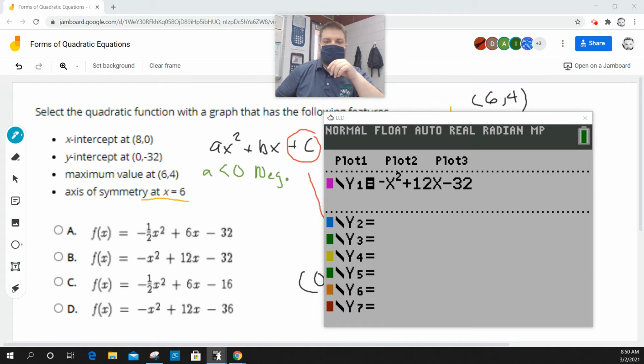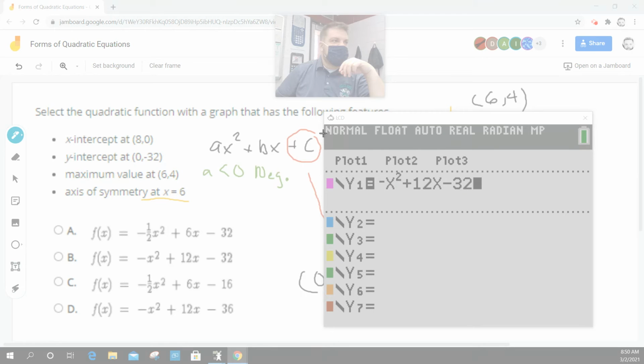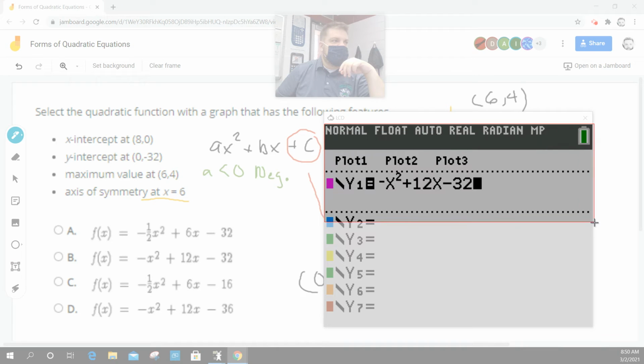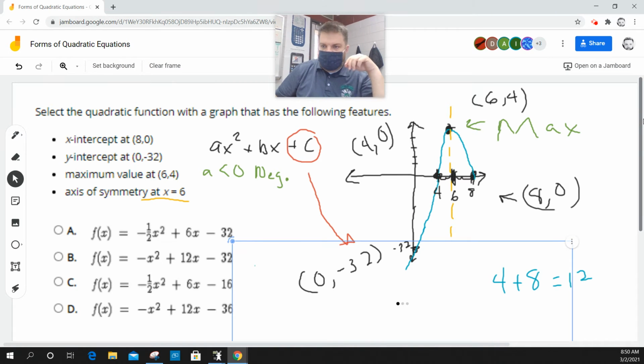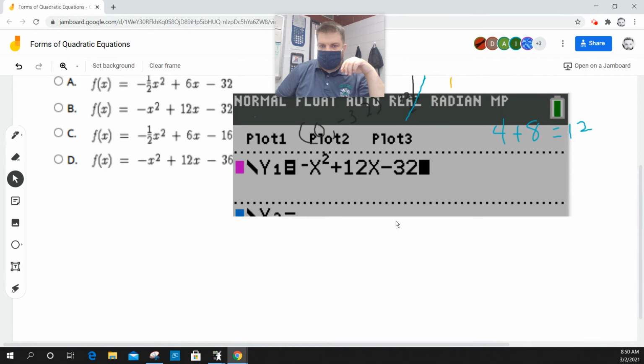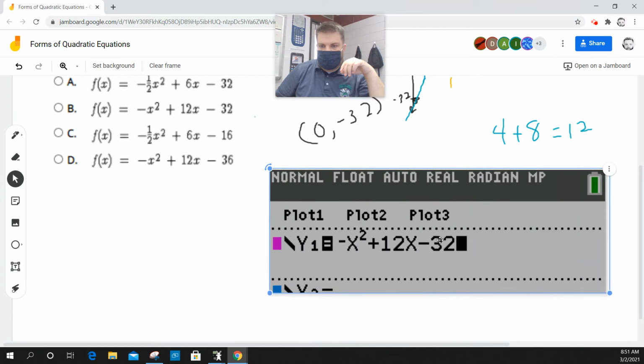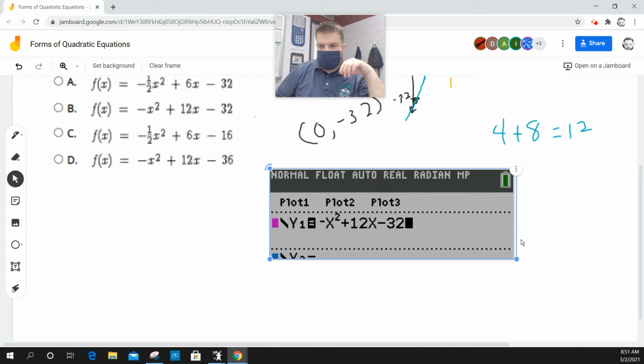Okay. And I'm going to take a snapshot of that, so that way when you look at it later with your notes, you'll know exactly how Mr. Adams entered it in.